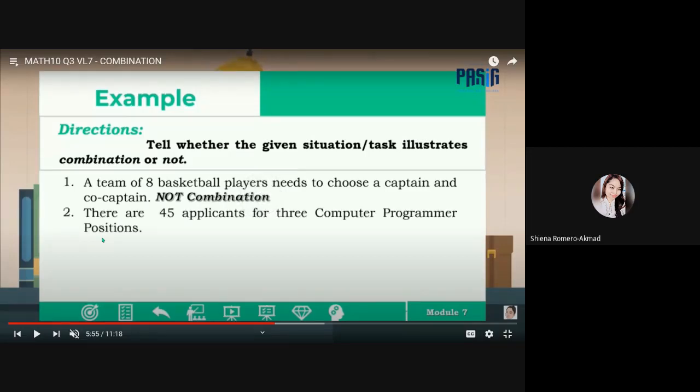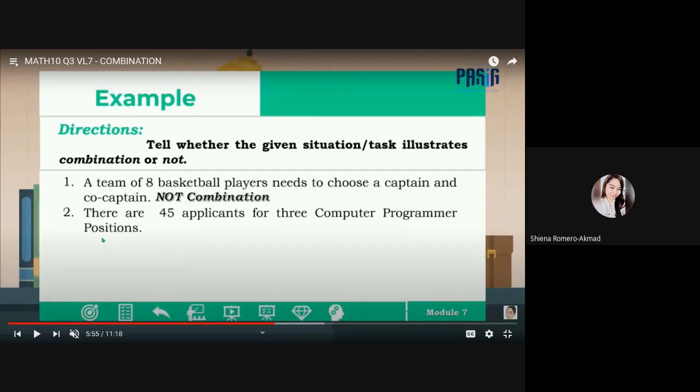How about number 2? There are 45 applicants for 3 computer programmer positions. Combination po. Why is it combination? Same lang ng position na ina-applyan. And wala namang mas mataas na posisyon na binabanggit. Hindi binanggit na senior computer programmer, assistant computer programmer, and so on and so forth.